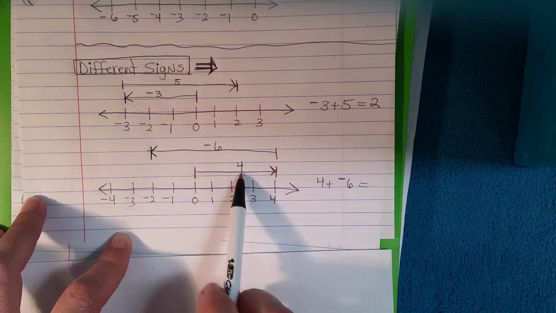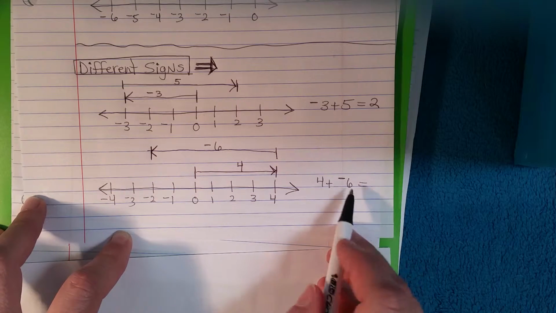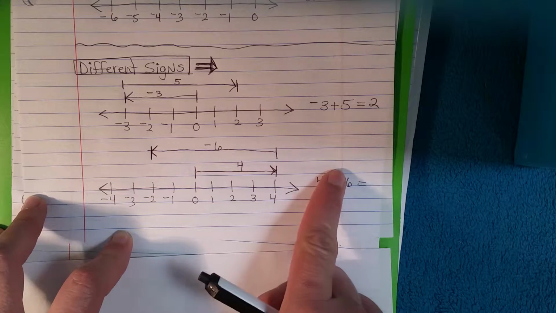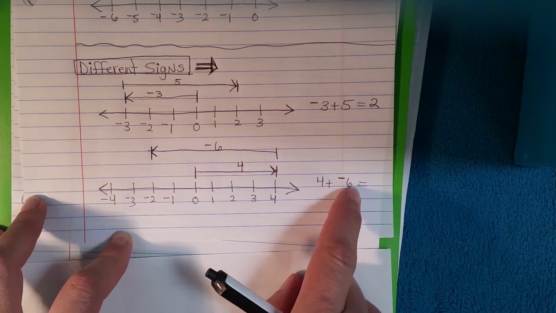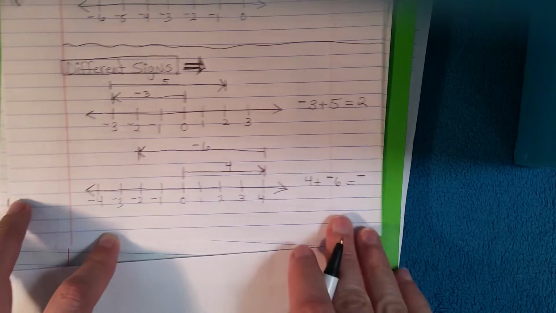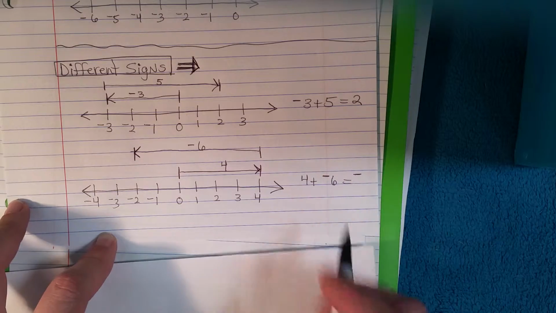So I'm really subtracting these numbers to get to negative 2. I'm subtracting them, and then I'm taking the sign of the bigger absolute number. 6 is bigger than 4, so my answer has to be negative. Now just subtract the numbers, ignoring the sign. 6 minus 4 is 2.